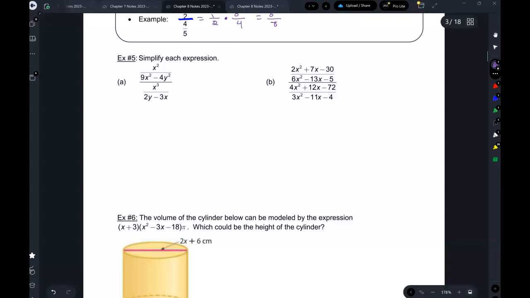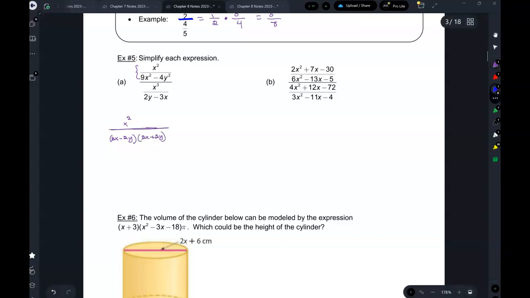Okay, so here we go. So what I have here is this, right? In purple, I'm going to write that here, x squared over. Can I factor that denominator? Of course I can. It's difference of two squares. So that'll be 3x minus 2y, 3x plus 2y.